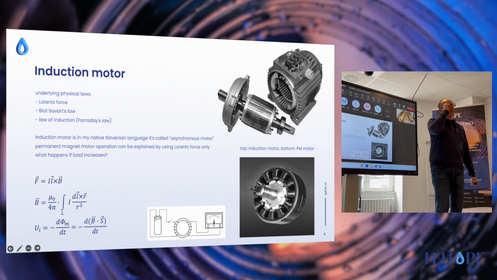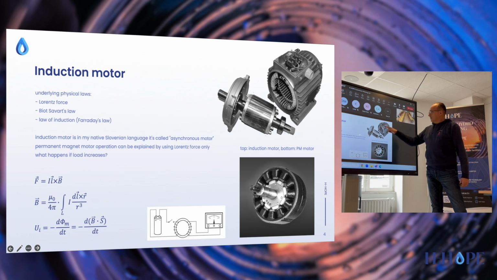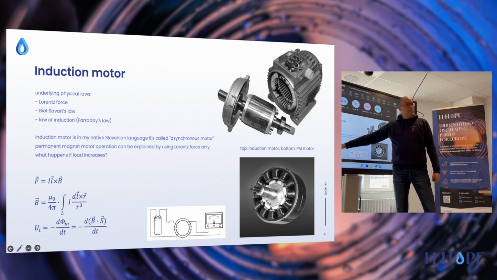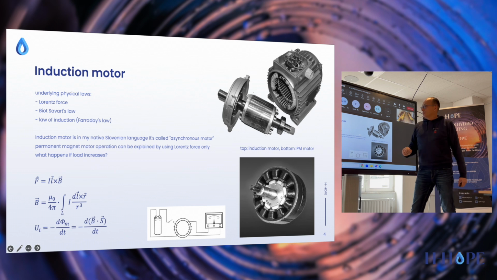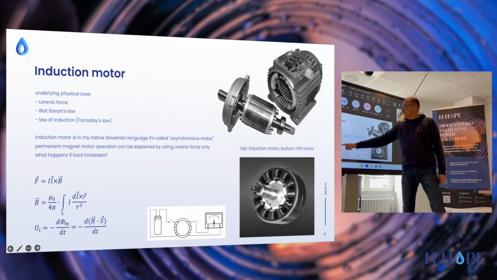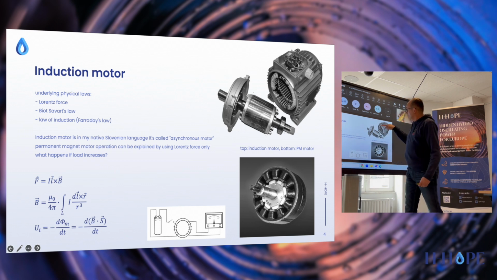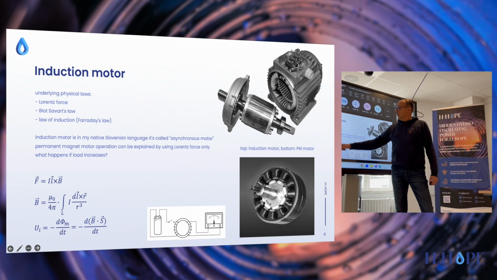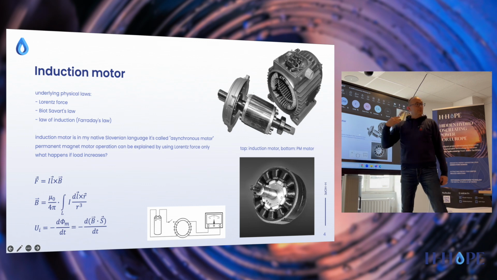So first you have a three-phase electric system that you connect here, and you make it such that the current starts flowing along the coils, and you create a magnetic field using the Biot-Savart law. Because you have current I flowing through the stator coils, which have length L, you get a magnetic field.